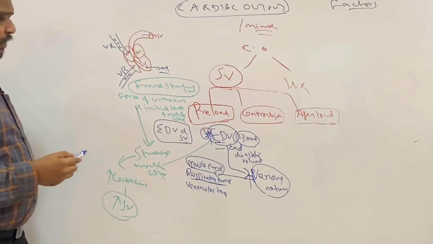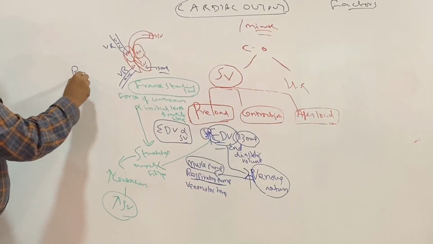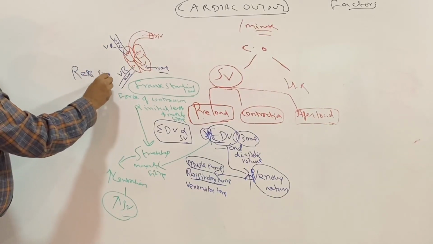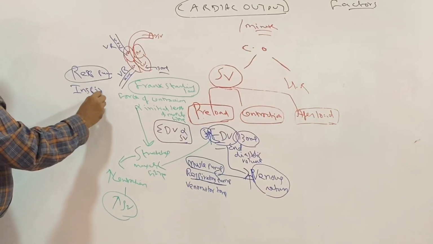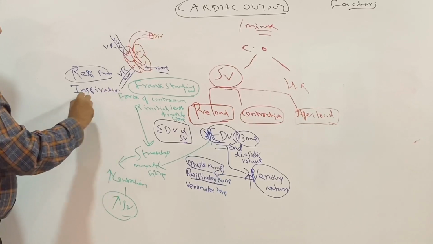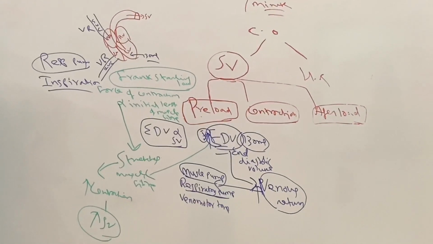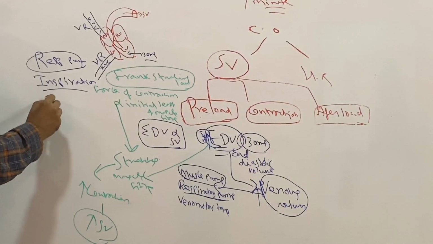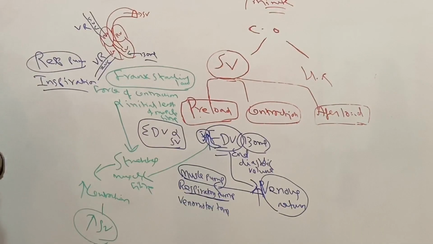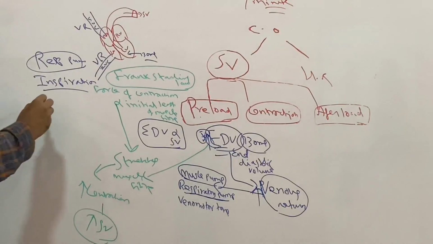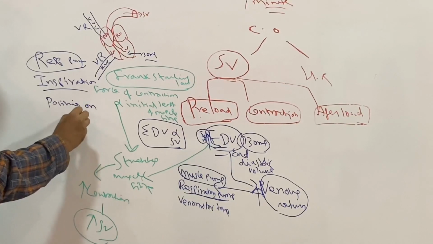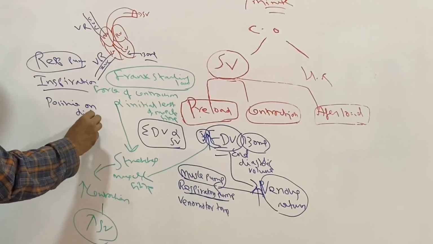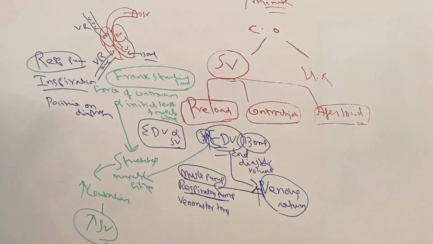Now coming to the respiratory pump. In the respiratory pump, what happens? For example, during inspiration, I will make it simple. During inspiration, there will be inflation of the lungs, so it compresses the diaphragm. There will be positive pressure in the diaphragm, or the diaphragm muscle is contracted, and intrathoracic pressure will become more negative.